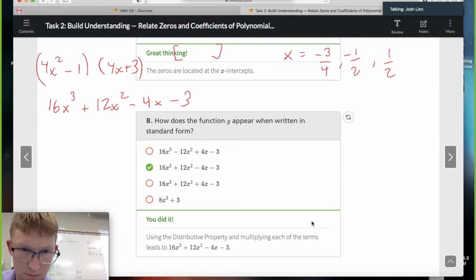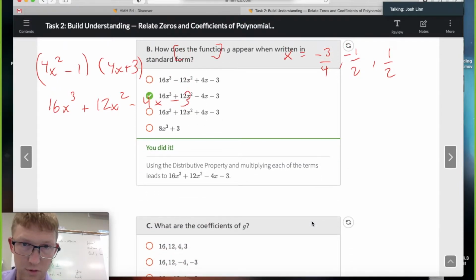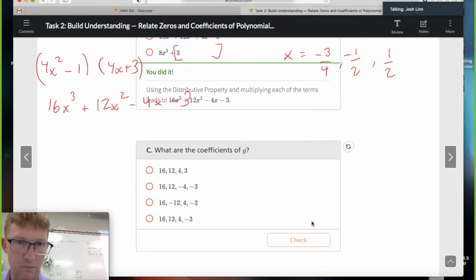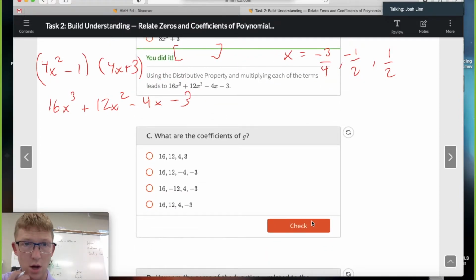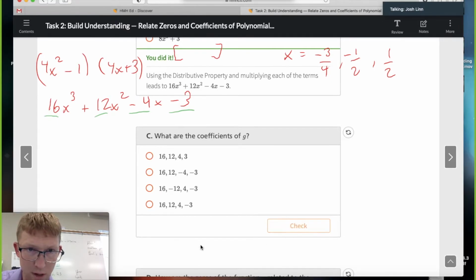Is that the right one? Cool. Using the distributive property. Yay. So what are the coefficients? So again, the coefficients are the same as if we were going to set it up for synthetic division, but those are our coefficients right there. So 16, 12, negative 4, negative 3, something like that.